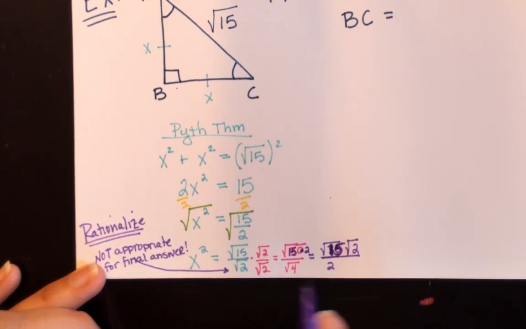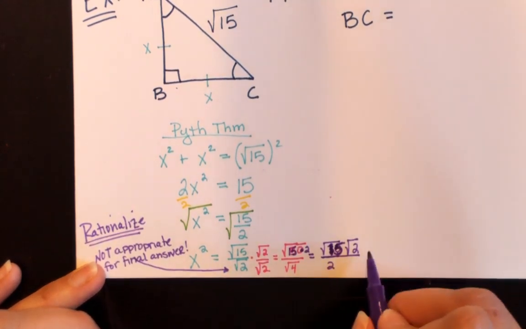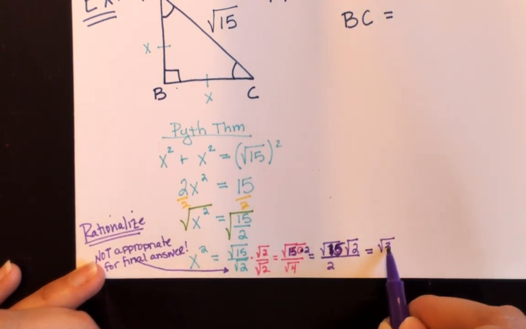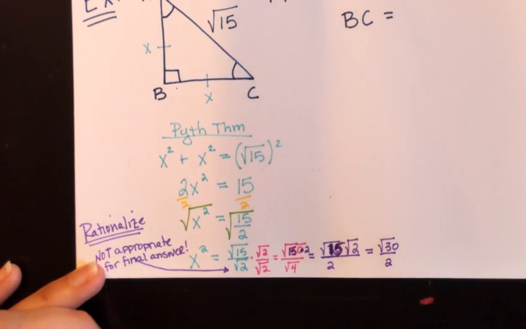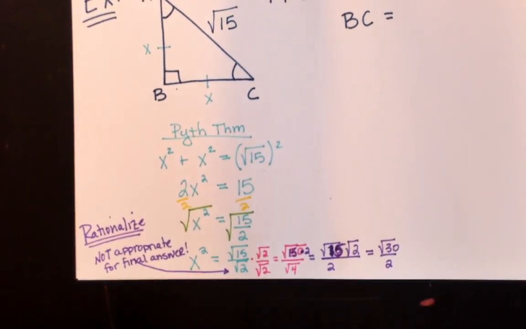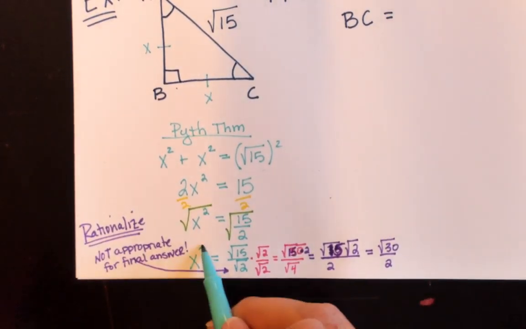So it's like that radical kind of disappeared. It went to the top, and then the radical disappeared. And because the 15 and the 2 can multiply together, that's where that 30 over 2 comes from. So our final answer for x is radical 30 over 2.